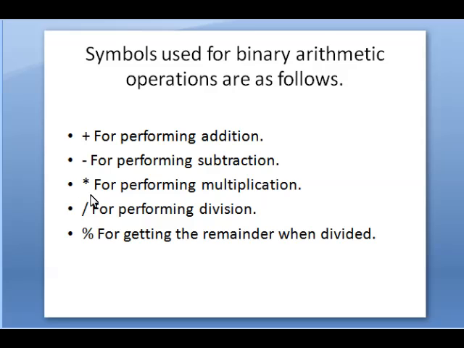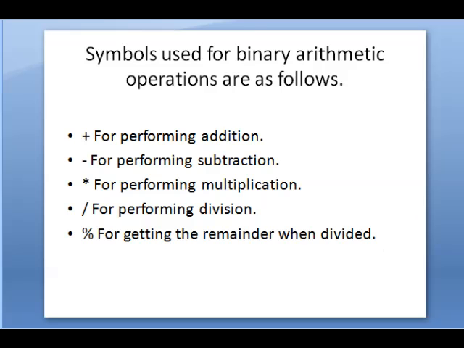The slash symbol is for performing division, and this is modulus, for getting the remainder when divided. So division means when we use the division symbol, we take the quotient as the answer. If we use the modulus symbol, it gives the value of the remainder as the output.